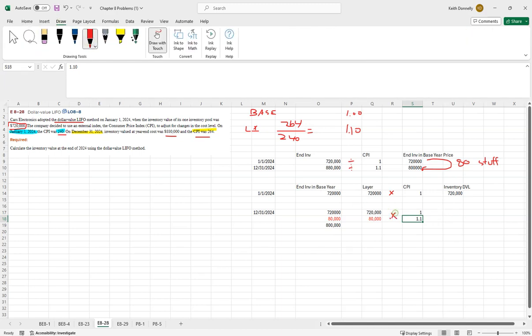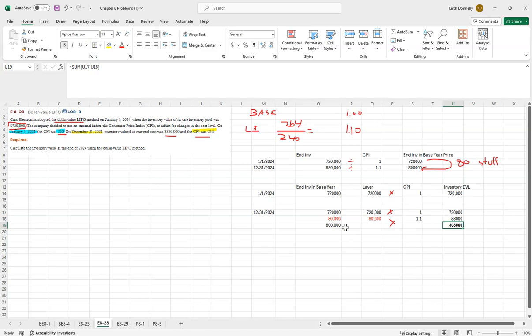We're going to multiply each one. Multiply, multiply. 88,000. We sum these two together. That is going to be our ending inventory under dollar value LIFO.